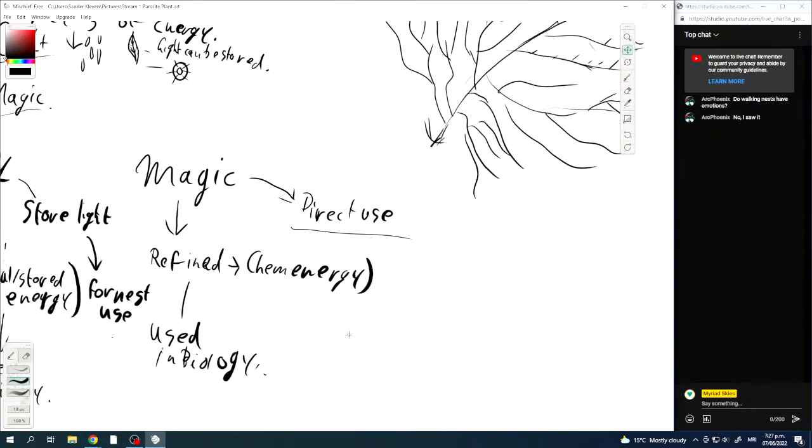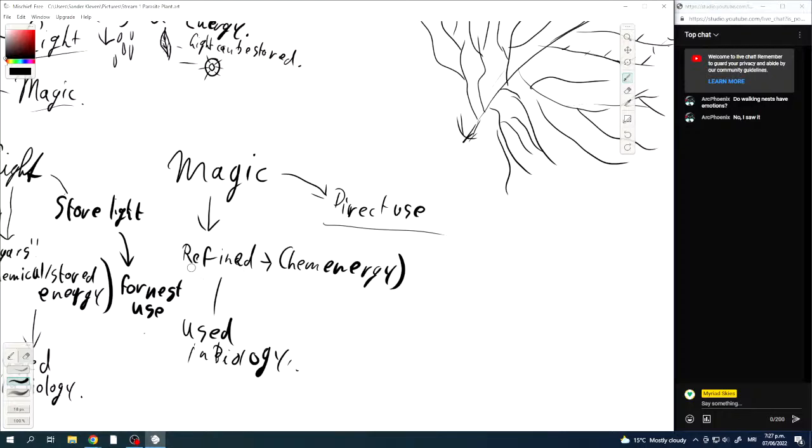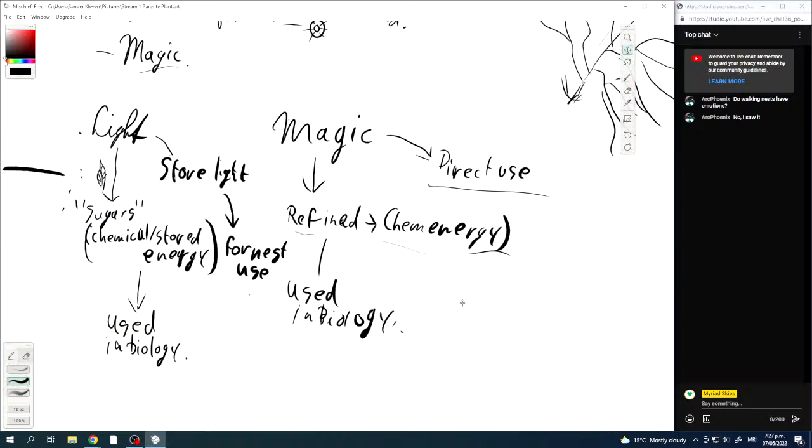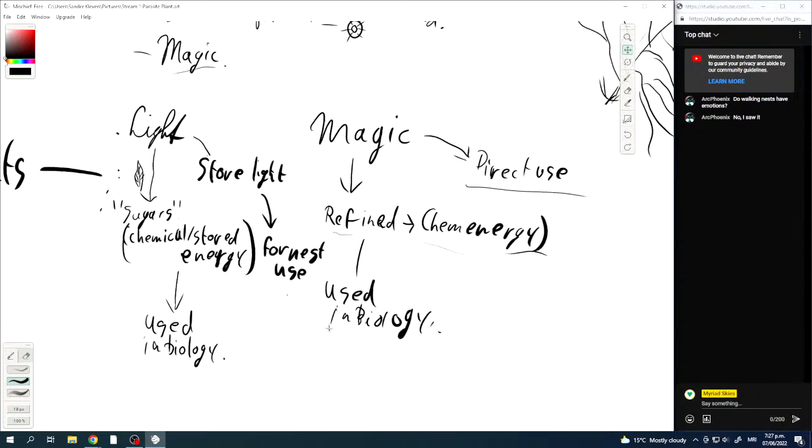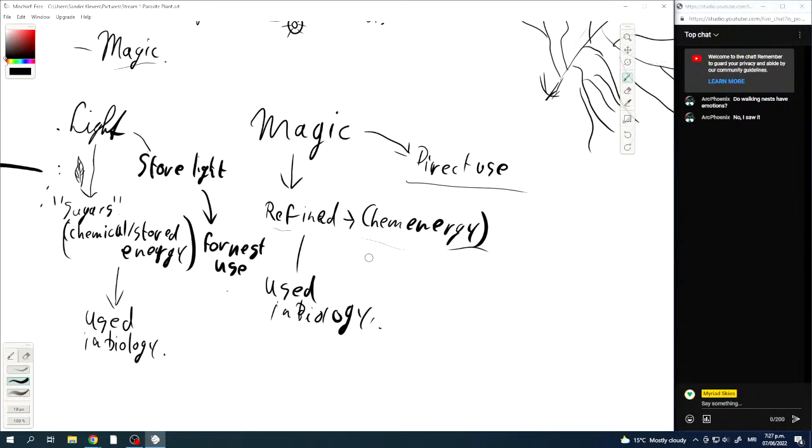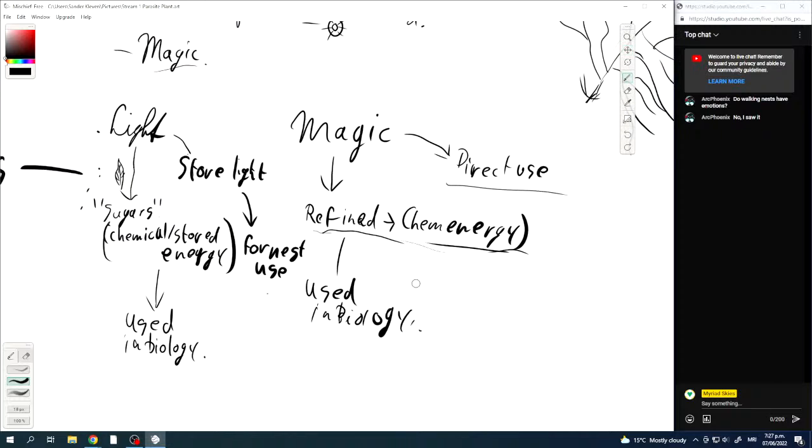Now, it won't have all the capabilities of producing all of the refined forms, because some of those processes are probably really specific, and so some of the refined forms would need to be produced by plants.